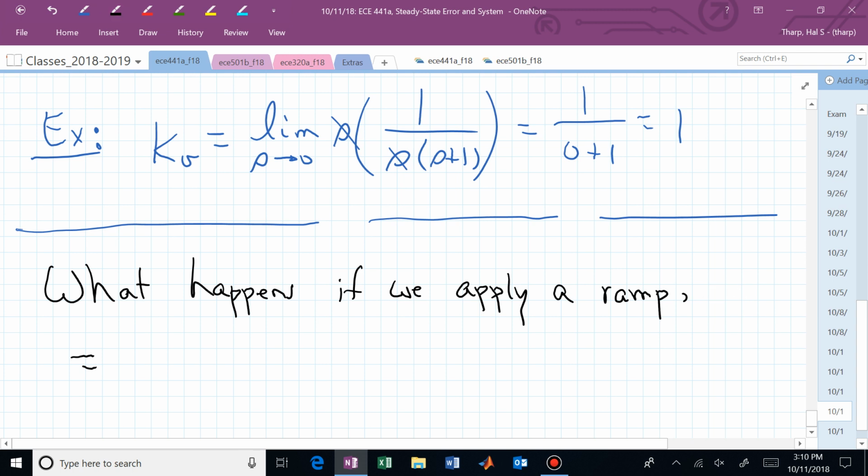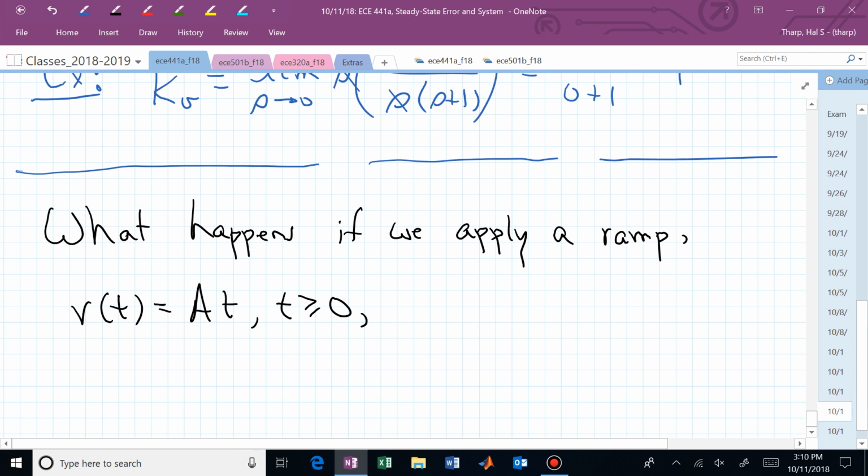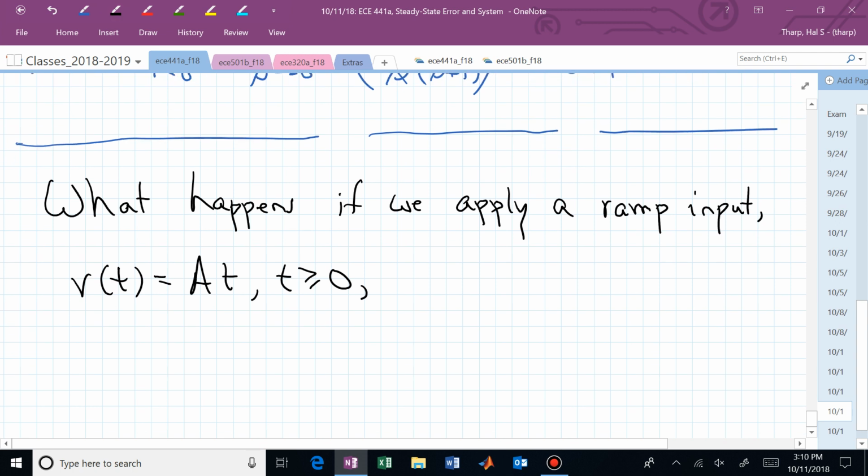Let me say r of t equal to at for t greater than or equal to 0. That's what I mean by a ramp: a reference ramp input, r of t equal to at.